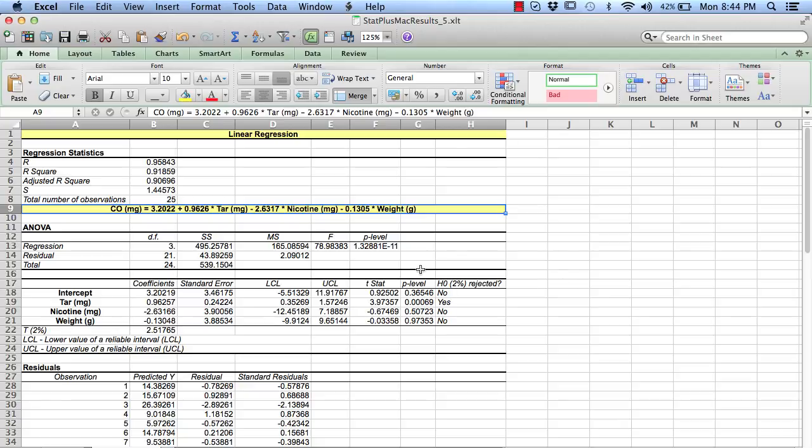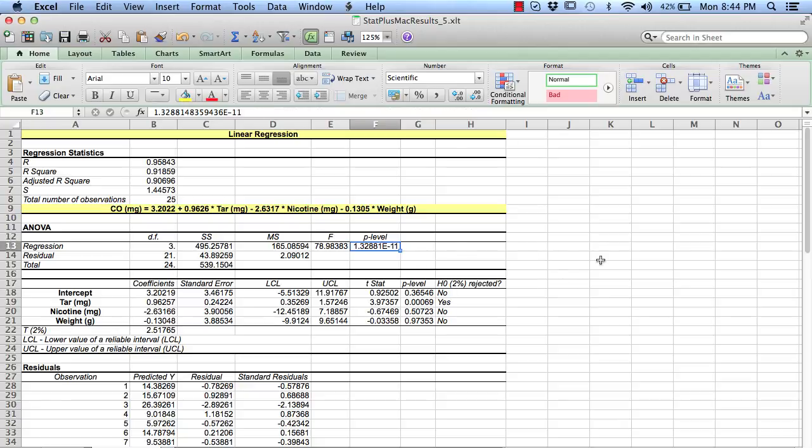Next thing to look at is the p-level of the overall regression. P-level is short for probability level, and if some of you have had statistics, then you're probably really familiar with p-level. If you haven't had statistics, the main thing to keep in mind is that a p-level that is small, and by small I mean something like 0.05 or less, indicates that our model is significant.